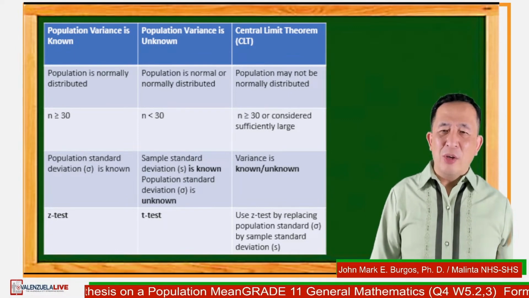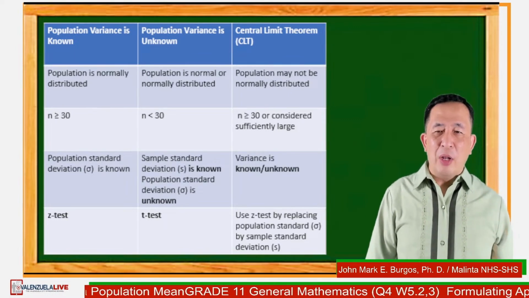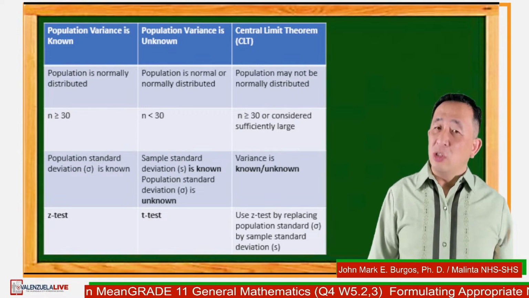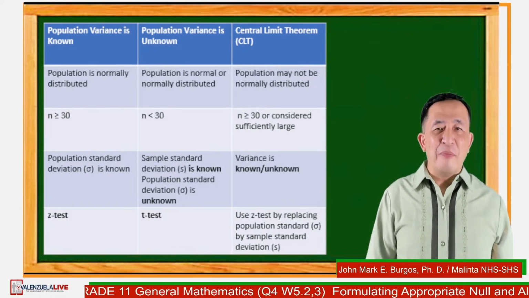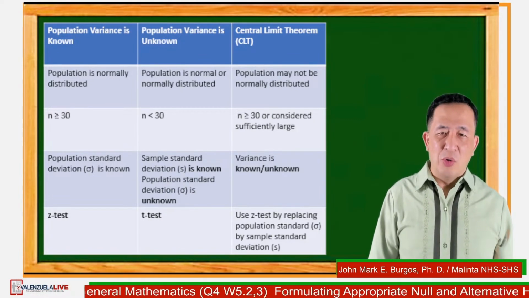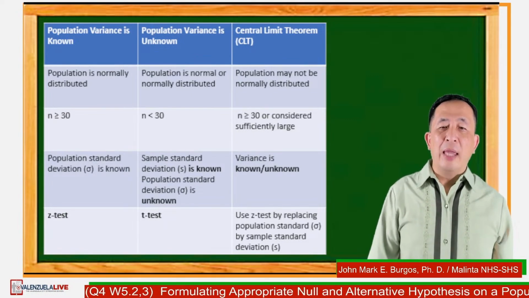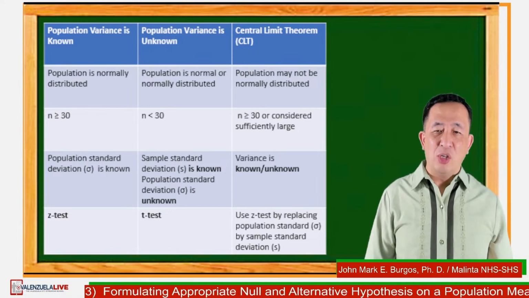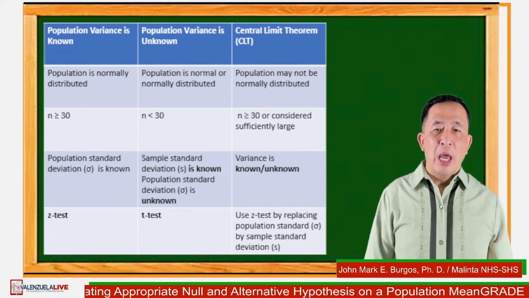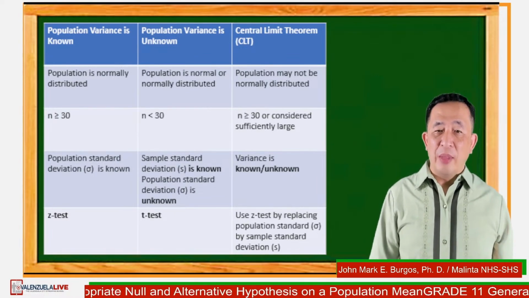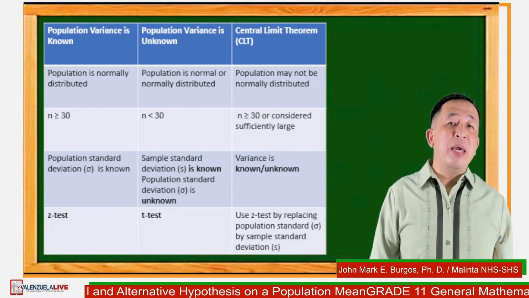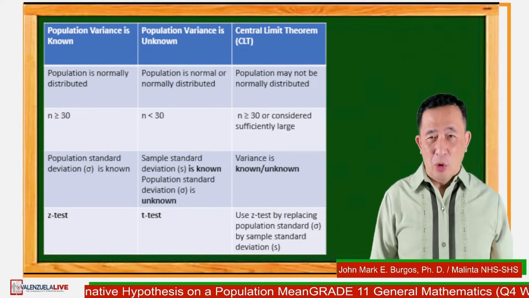If the population variance is known, the population standard deviation is also known. If the population variance is unknown, the sample standard deviation is known, and the population standard deviation is unknown. But in the central limit theorem, the variance can be known or unknown.